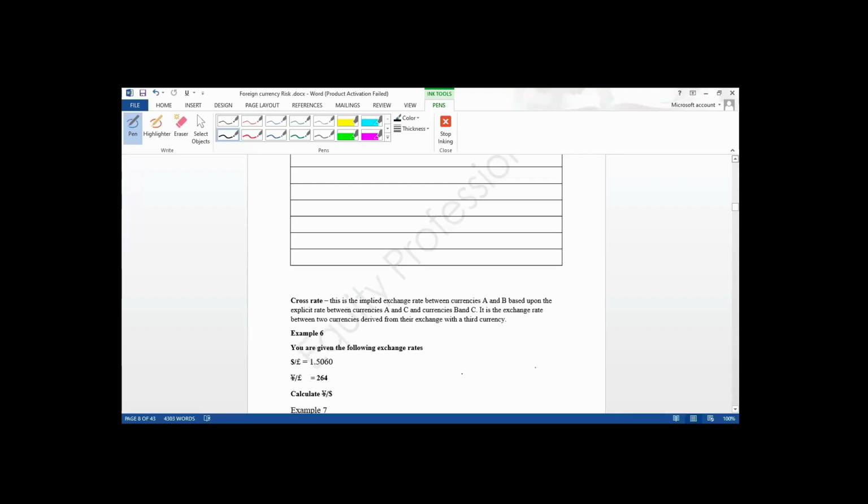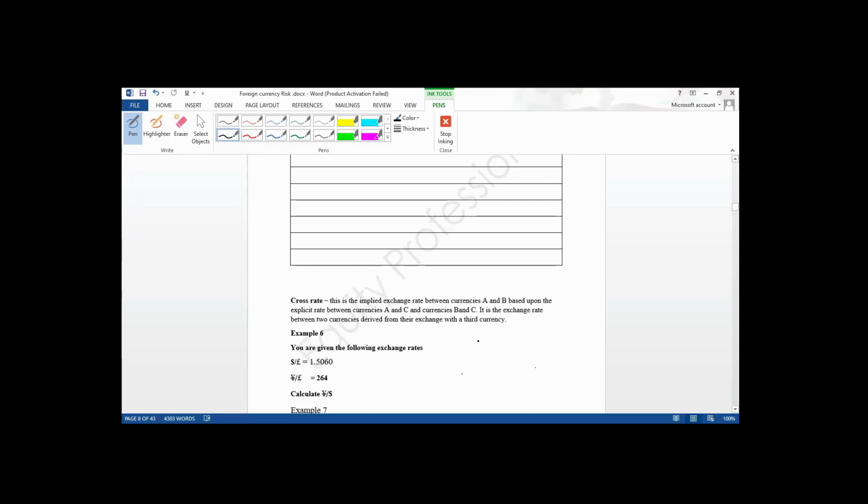Let's illustrate this briefly. Look at this. Dollar to pound is 1.5060. Yen to pound.